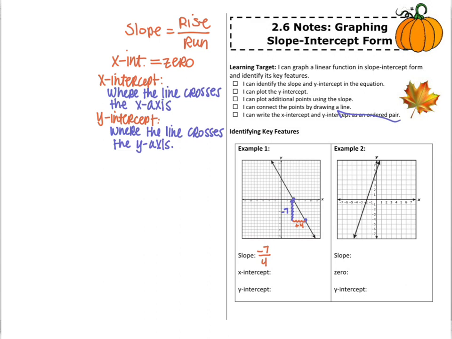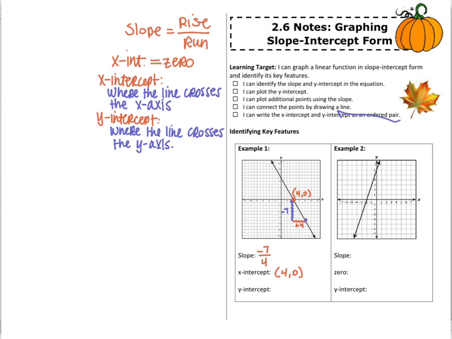Now, when looking for the x and the y-intercept, I'm looking for the places where they cross the x and the y-axis. So right here, I've crossed the x-axis. So what that point is, 4, 0, which means my x-intercept is 4. Also can be written as 4, 0. And my y-intercept is up here.